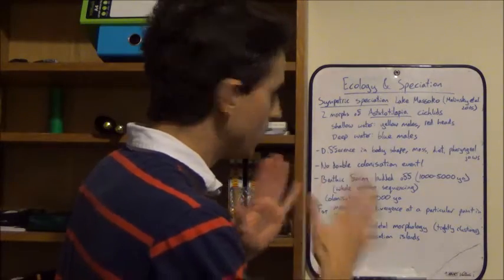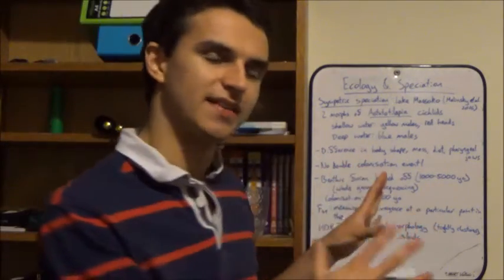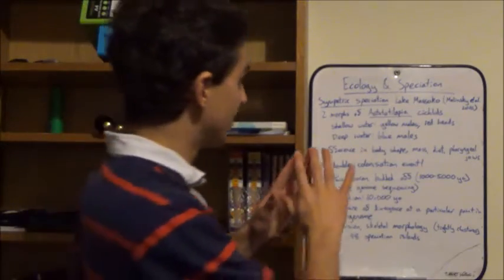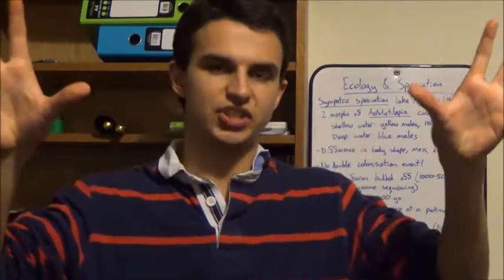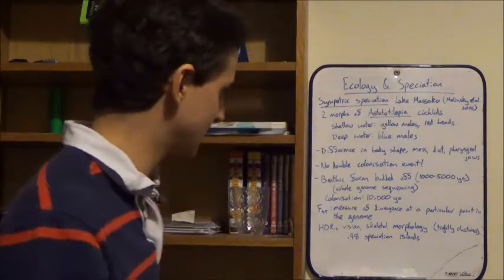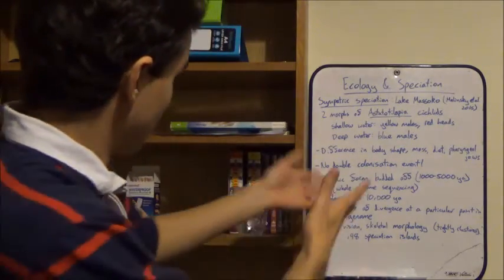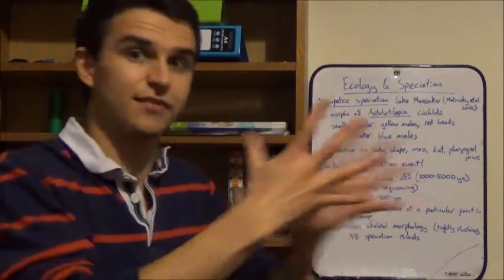But what we've got to learn from this is that maybe this is so good because these cichlids are pretty early on in the stages of speciation. We've caught them at just the right time because, as we've said, it's only been 2,000 to 5,000 years since they started diverging.